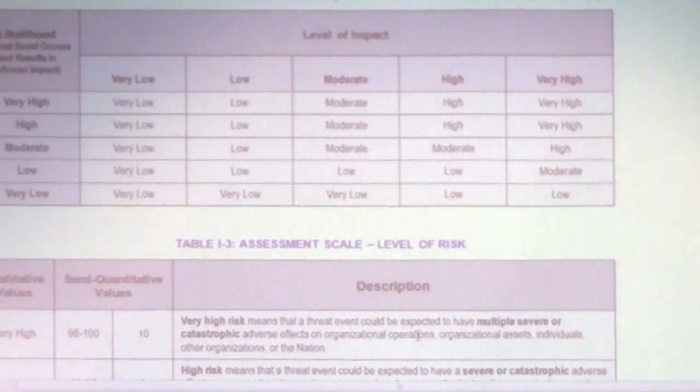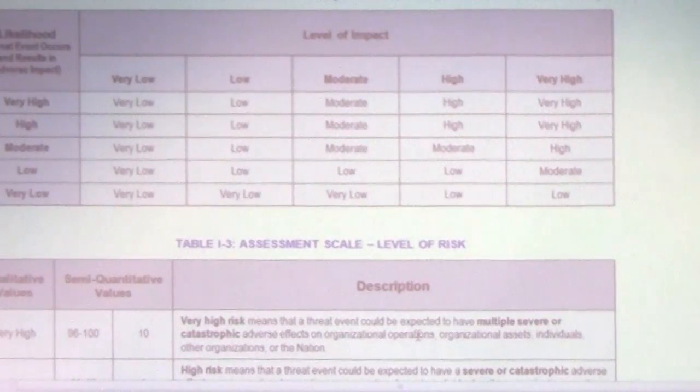So let's go ahead, no matter where we are in our process, and do our final step in the risk assessment, and that is combining our likelihoods and impacts to see what our risk level is going to be.